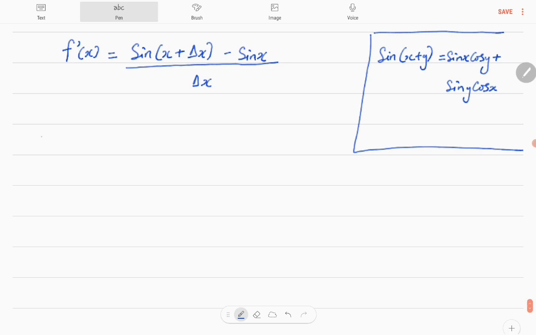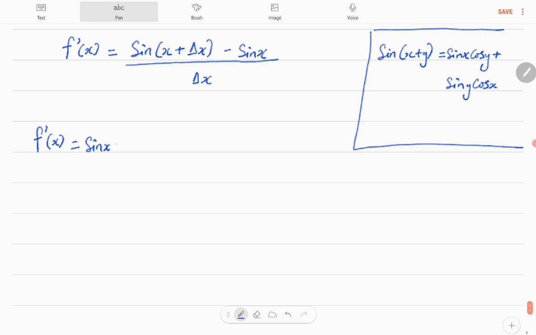So I'll have f prime of x is equal to sin x cos dx plus cos x sin dx minus sin x, divided by dx.